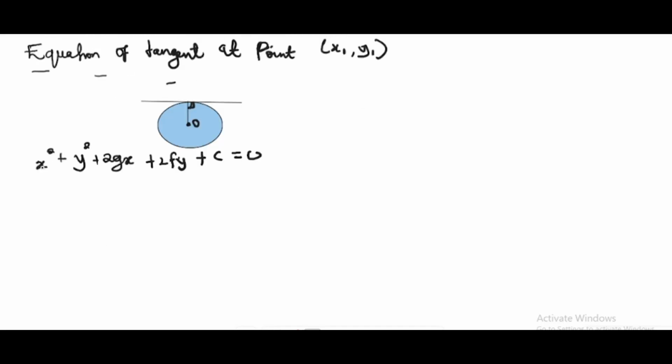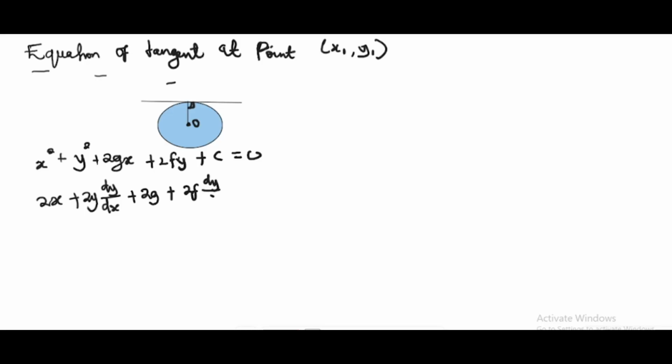we'll have, differentiating this with respect to x, 2x plus, differentiating this, 2y dy/dx plus 2g plus 2f dy/dx. So for c, it is 0.